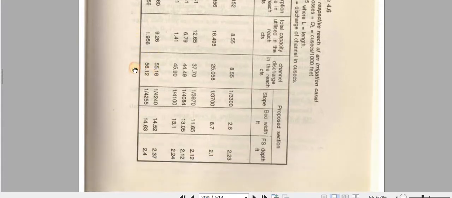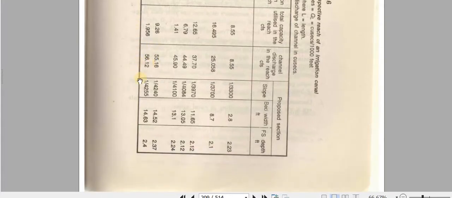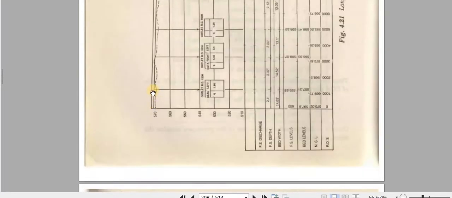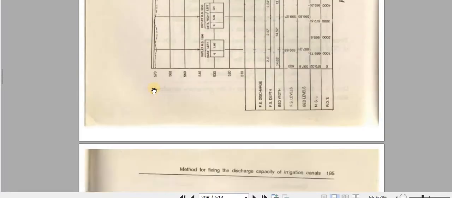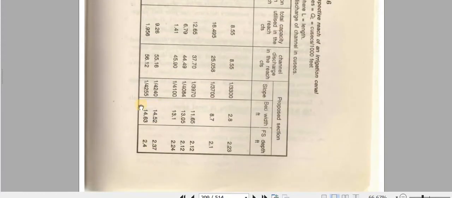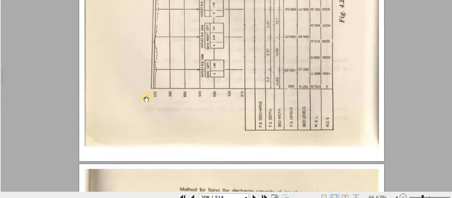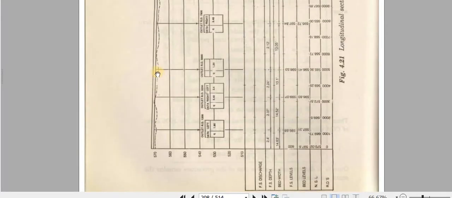So there should be 56 cubic discharge at the first outlet. At here we should have 56 cubic discharge, and then we should have 55, 45, 44. Here we should have 55, 45 and 44 and so on.